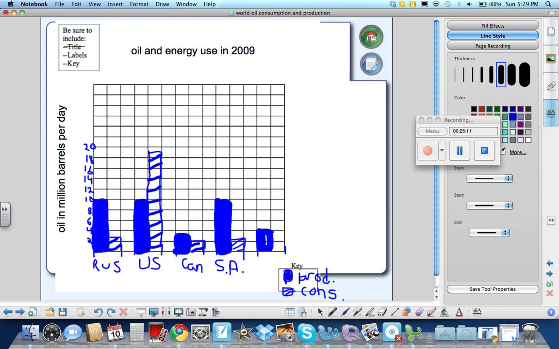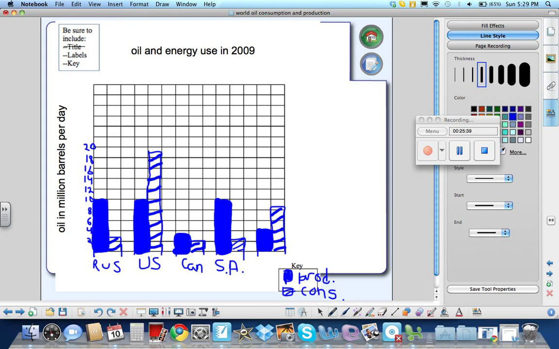If you're using 2 colored pencils, you can absolutely do that, just as long as your key is exactly what you're drawing. And then China's consumption is 8.3. So it's like around here. Okay. Make sure you're making the diagonal lines. You don't have to make diagonal lines.